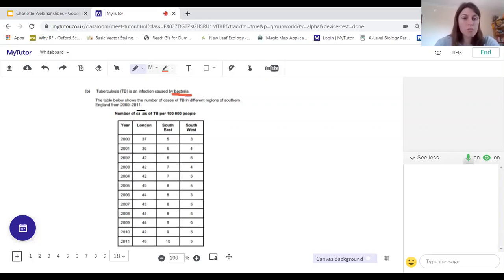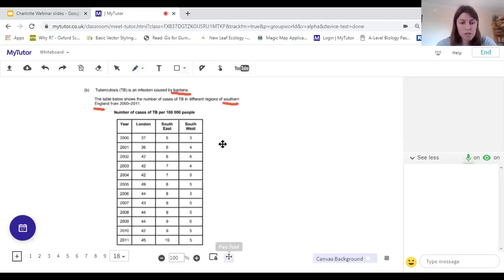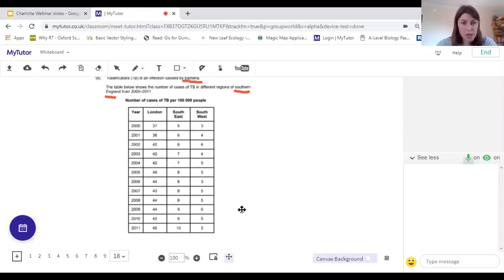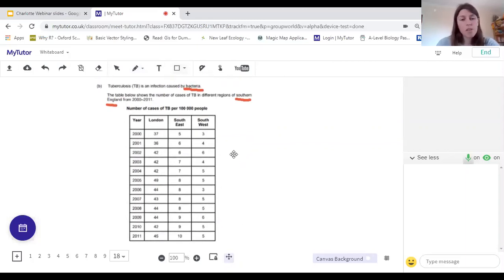The table below shows the number of cases of TB in different regions of southern England from 2000 to 2011, cases of TB per 100,000 people. Before we move on to the question, let's have a look at this table. We can see year down the side, going from 2000 to 2011.